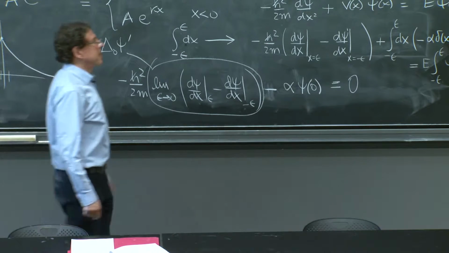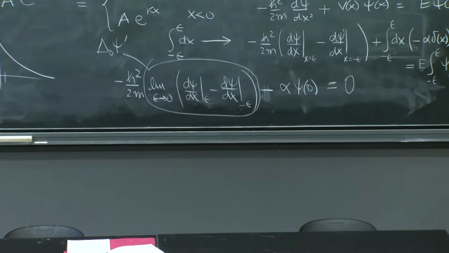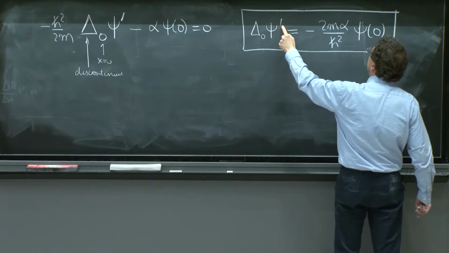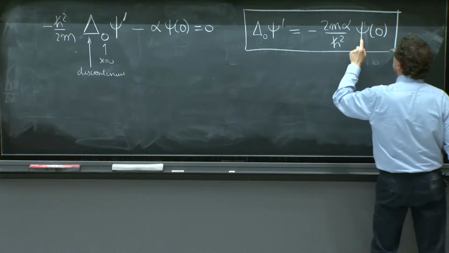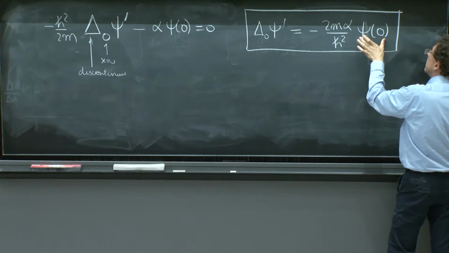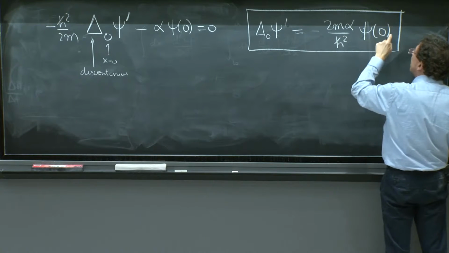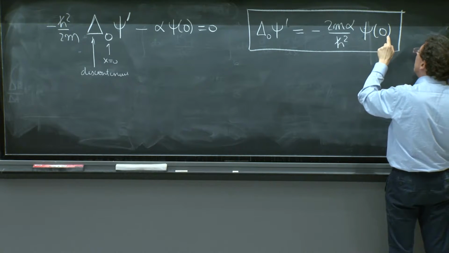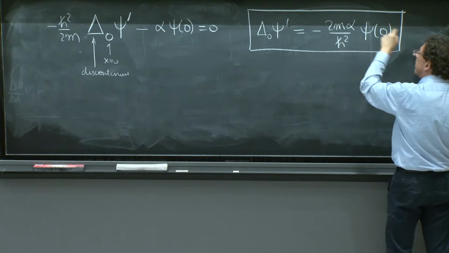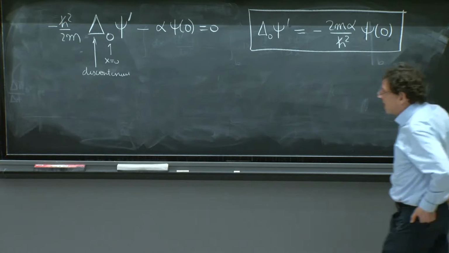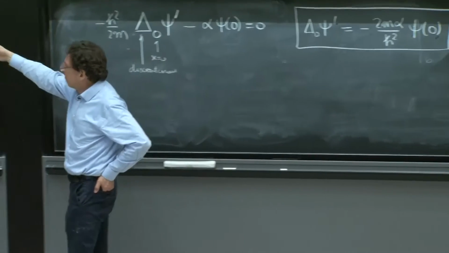And what it says is that, yes, the wave function can have a discontinuous first derivative if the wave function doesn't vanish there. Once the wave function doesn't vanish at that point, the discontinuity is in fact even proportional to the value of the wave function at that point, and here are the constants of proportionality. Now, I don't think it's worth memorizing this equation, because it basically can be derived in a few lines.